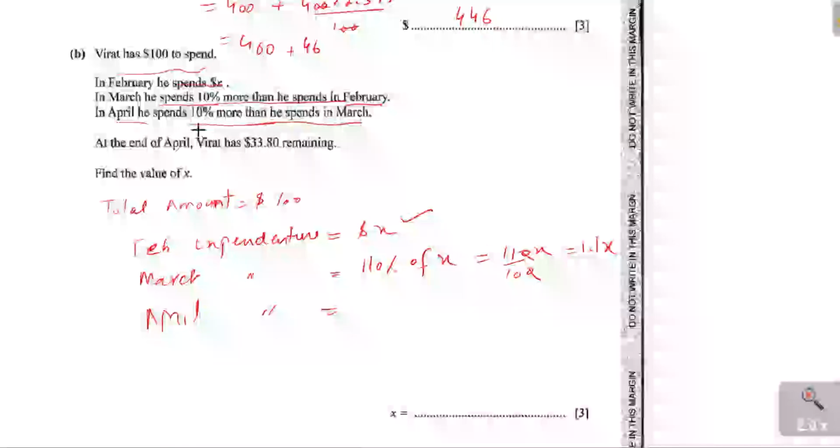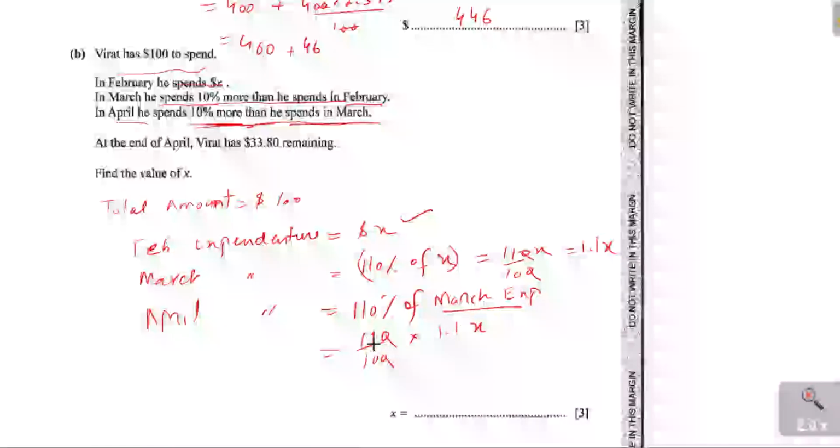And in April, the expenditure is 10% more than in March. It means 100% is the value of March. When we increase it by 10%, this value becomes 110% of the March expenditure. Here the 110 we can write as 110 over 100. The March expenditure is 1.1x.